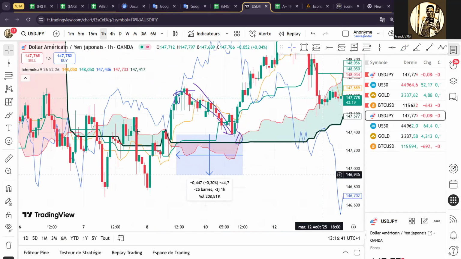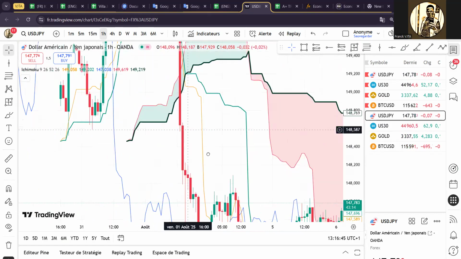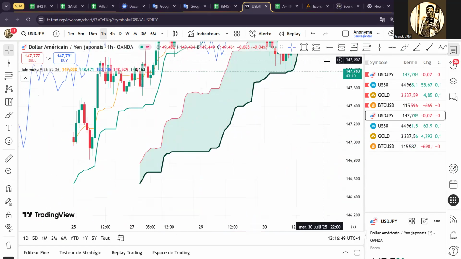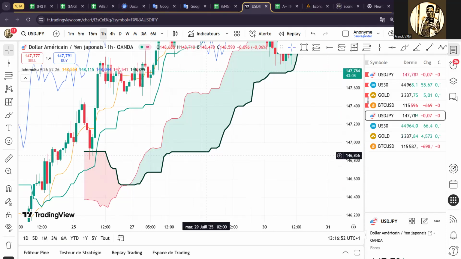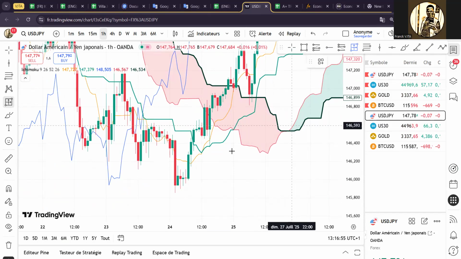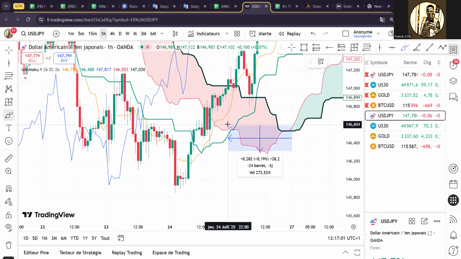Let us look at it on another first cross of the cloud. This is the first cross, for example. We have the candle just right here.